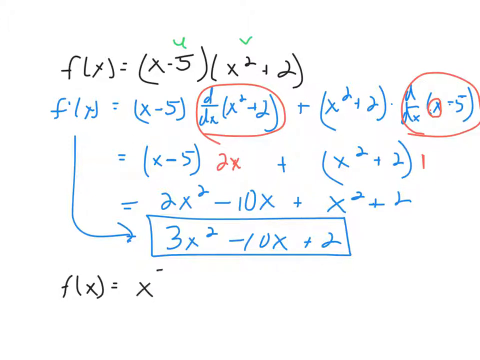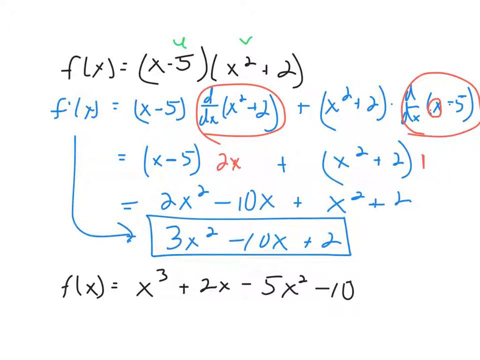So if I go ahead and rewrite that function, I'm going to have x cubed, and then x times x squared, x times 2, it'd be 2x, minus 5x squared minus 10. I know that's not exactly in perfect order, but for the sake of time, I'm going to go ahead and not rewrite it.